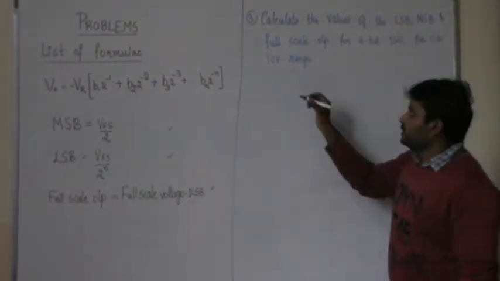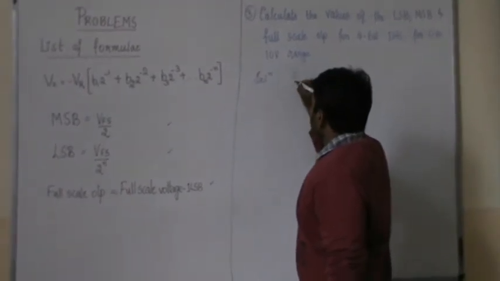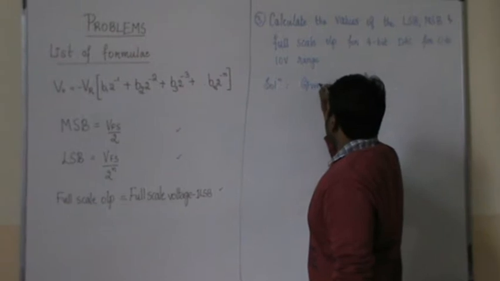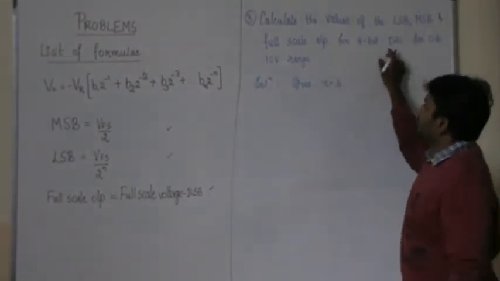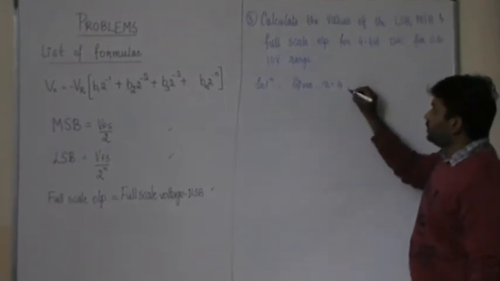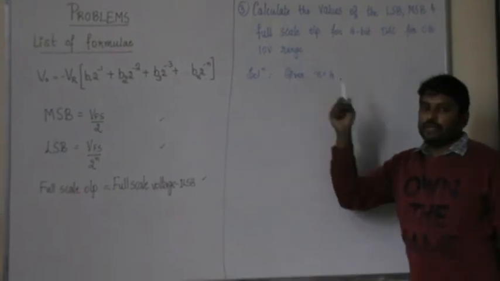So how to write the solution? Given: what are all the things that are given in the question? It is directly given, it is a 4-bit DAC, so n is equal to 4. Whenever you are solving a problem, writing the given is very important.